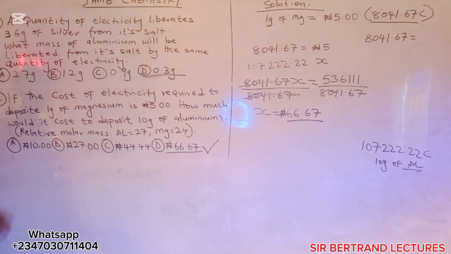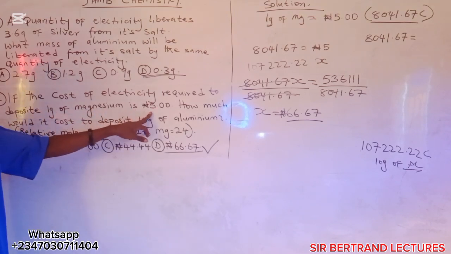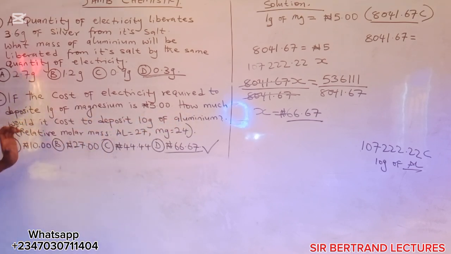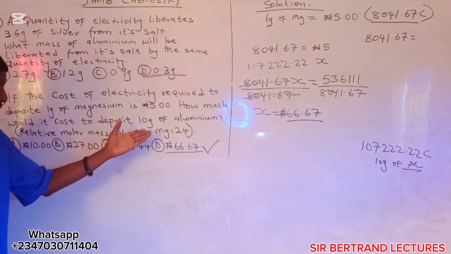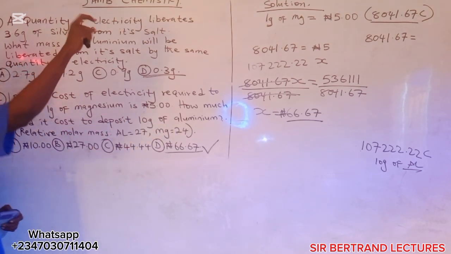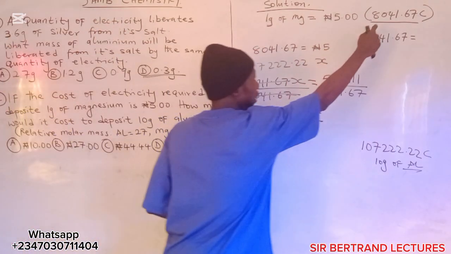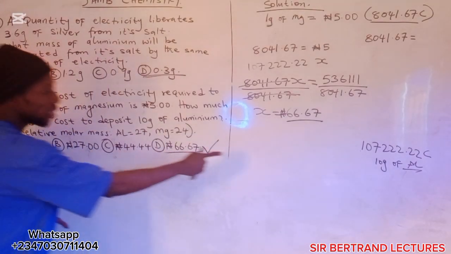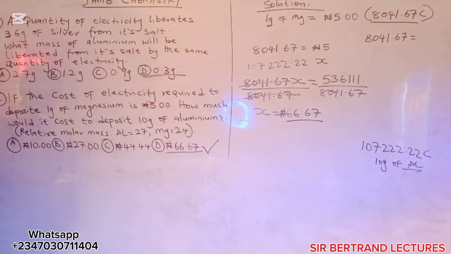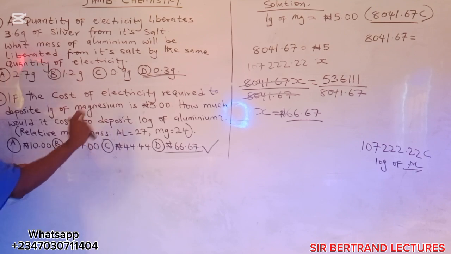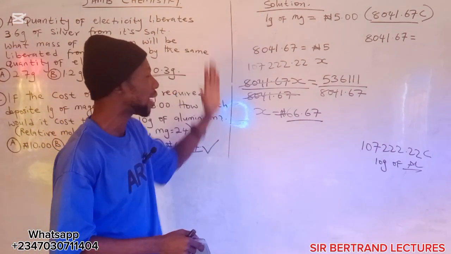We solve for the quantity of electricity that will liberate this, and that quantity costs 5 naira. We are now asked to calculate the cost for 10 gram. So if the quantity of electricity that will cost 5 naira is this, and this is the quantity of electricity that will liberate 10 gram of aluminium, we are no more relating this with 10 gram again.